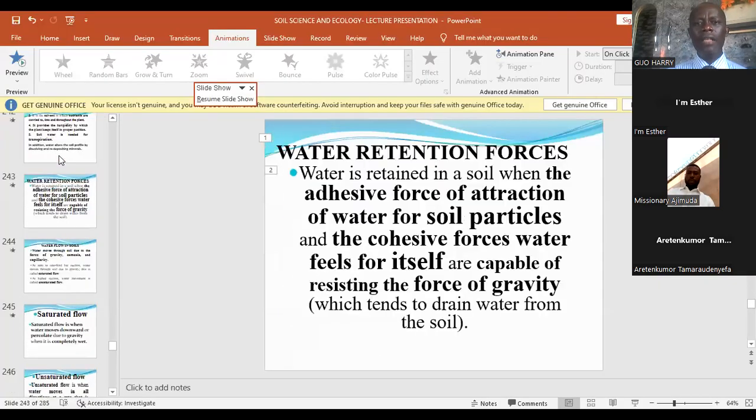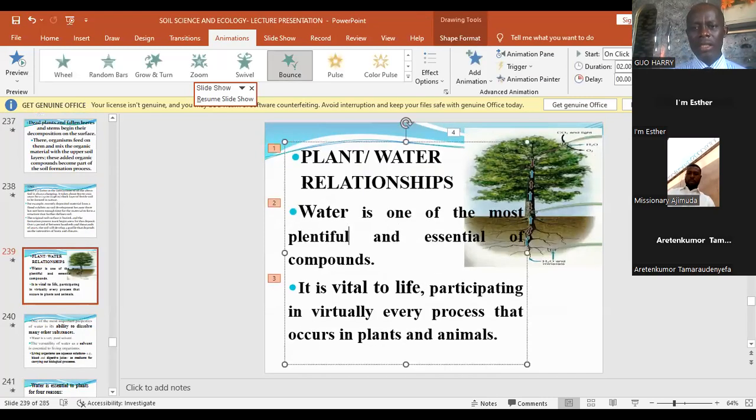So far, we had discussed plant-water relations, how water and plants interact.